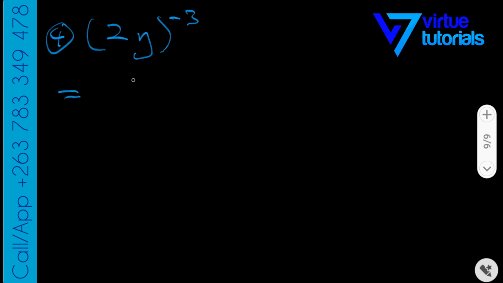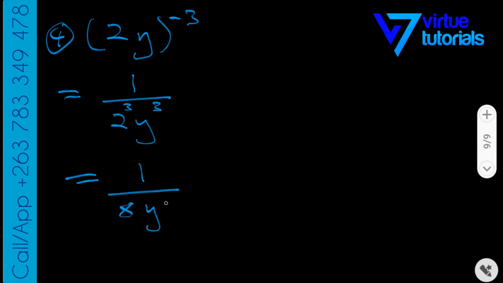So that means that I'll invert both, and then I'll raise both to the power 3. So 2 to the power 3 is 2 times 2 times 2, which gives you an 8, and then y to the power 3 is y to the power 3. So in this case, you can understand that both are inverted.